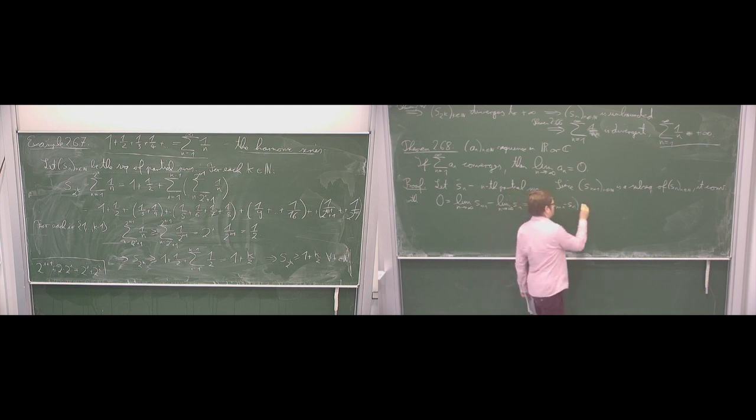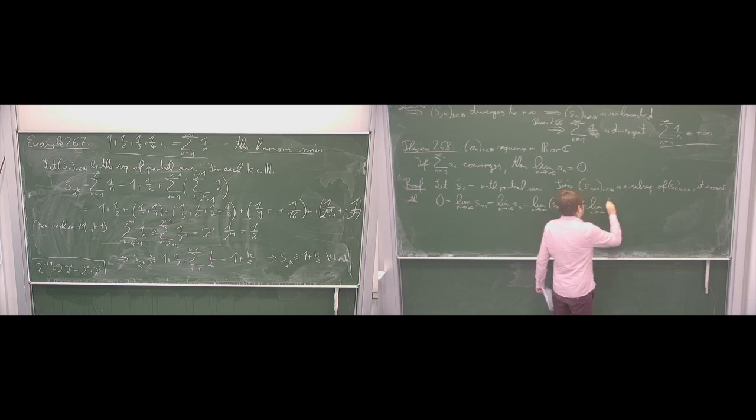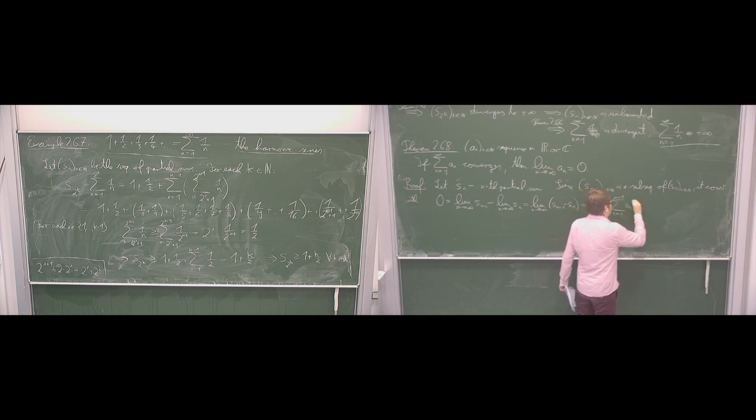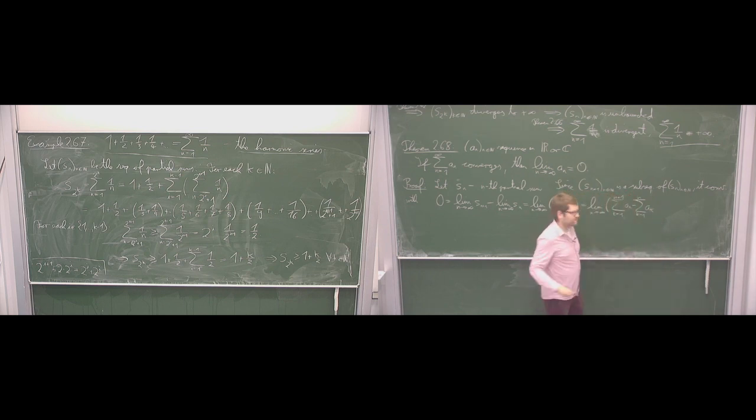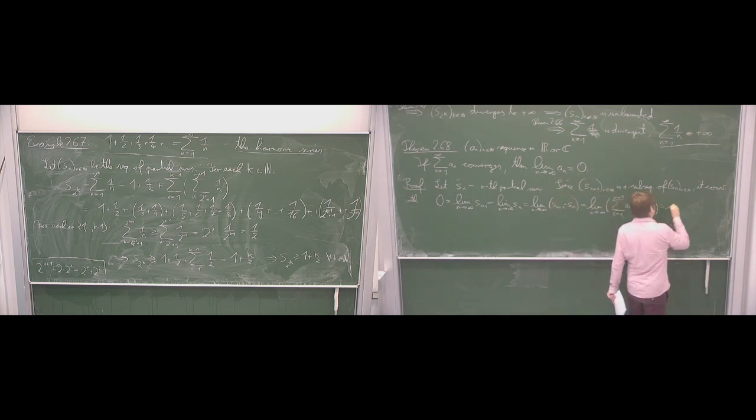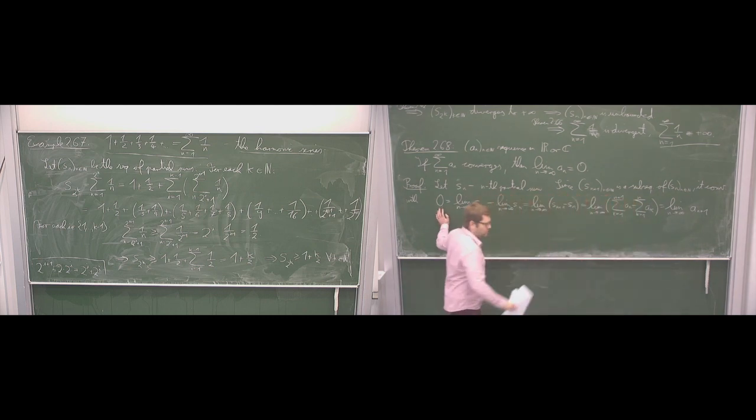If we take a close look, this is just the limit of the sum from k equal to 1 to n+1 of ak minus the sum from k equal to 1 to n of ak. So we just subtract almost every summand, and the only thing that remains is a_{n+1}. So we've seen that a_{n+1} converges to 0.